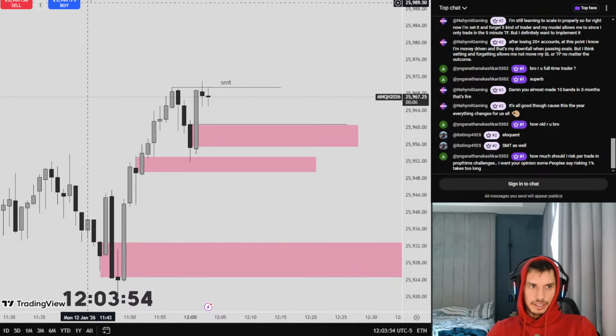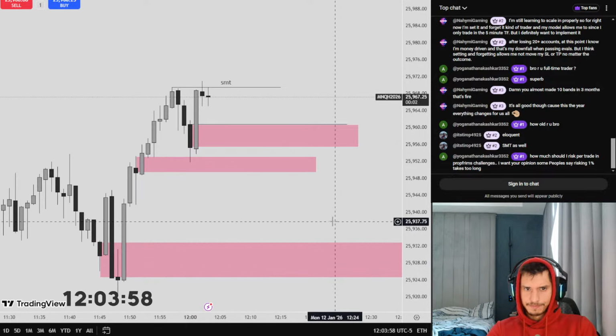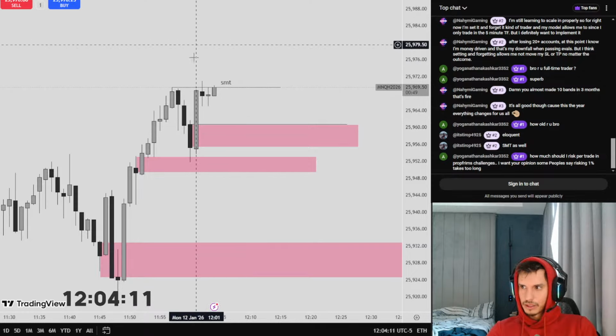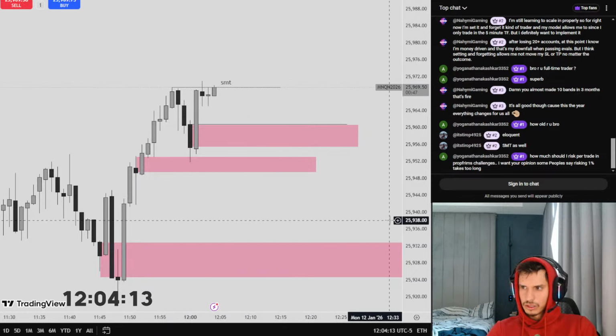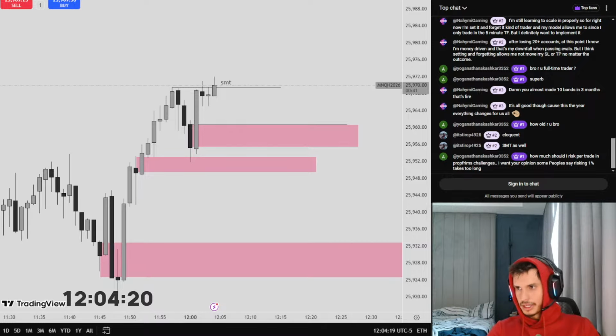The 5 minute is looking mighty bullish. Yeah, this is loading up to pump. Set the high again. Yes, it's just about to sweep it as well.